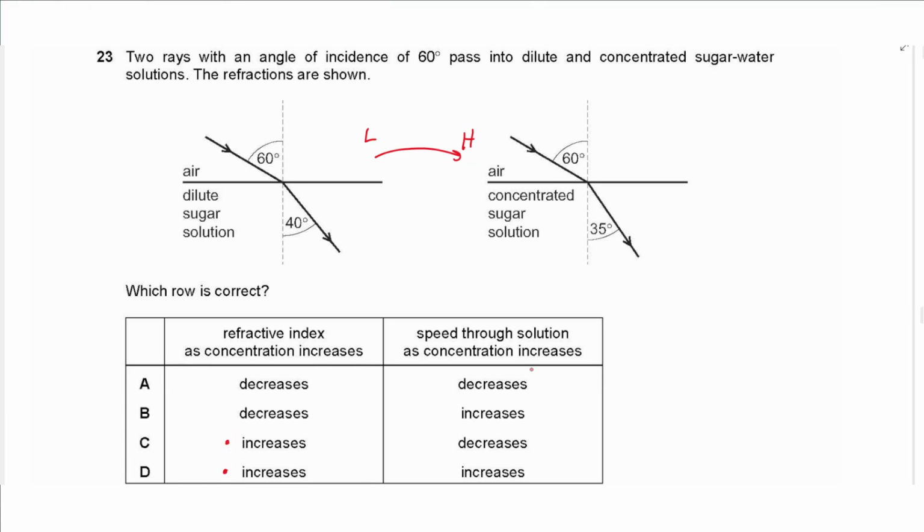And as the bending increased, the change in speed increased. It was faster in air and slower in the liquid. So for the higher concentration, we have more bending and more decrease in speed. So the speed actually decreases in the concentrate. So the answer here is C.